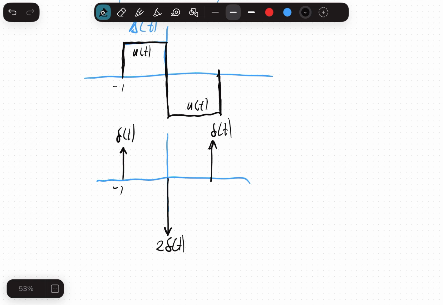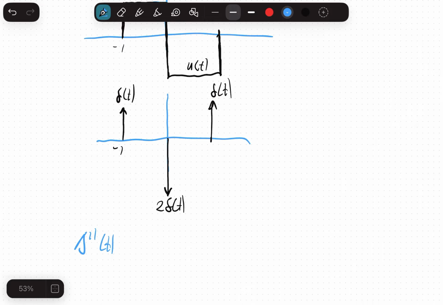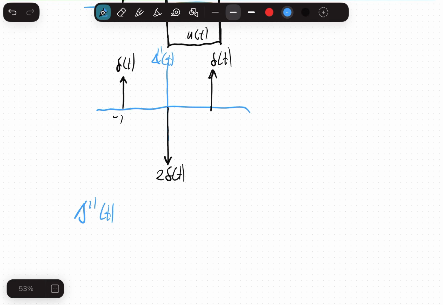So the second derivative of the triangular pulse looks like an impulse function at t plus 1, then you subtract, because it's going down, 2 times an impulse function at t, plus an impulse function at t minus 1.